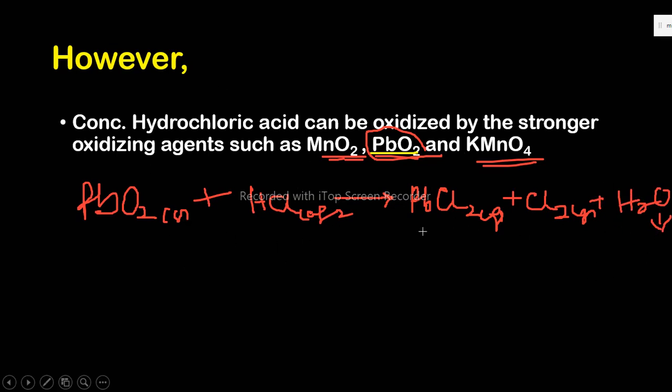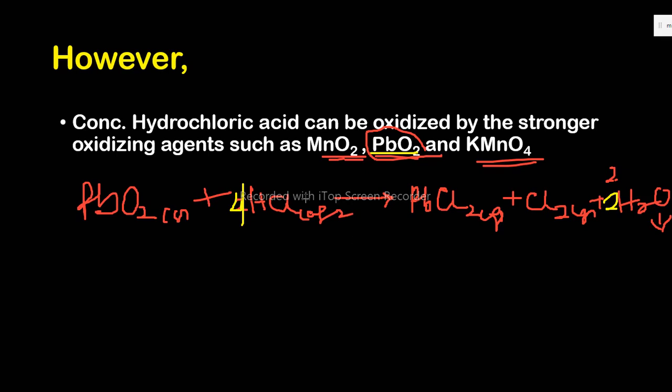So if you put a 2 here, and a 2 here, yes, our equation is balanced. Not a 2, a 4. It's a 4 here, so we shall put 4 and a 2 here. So now our equation is balanced.